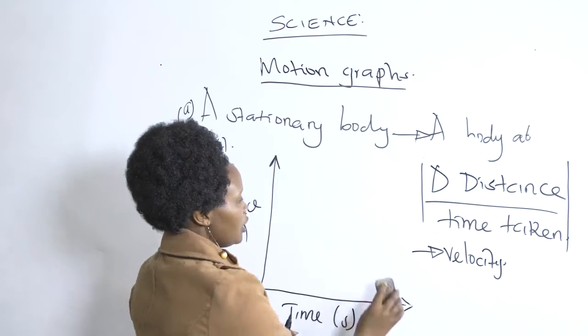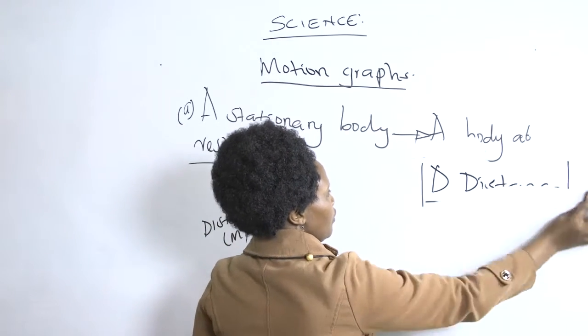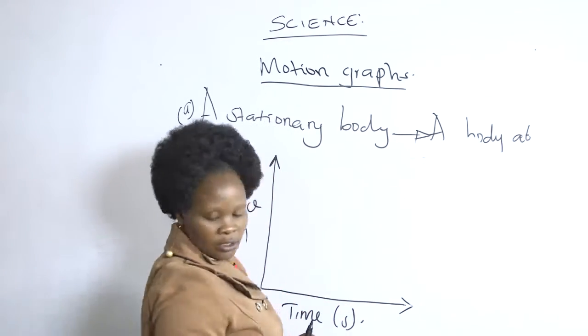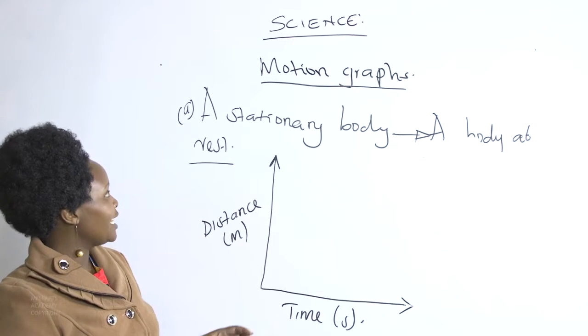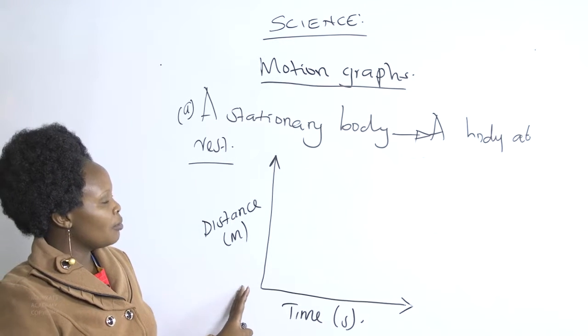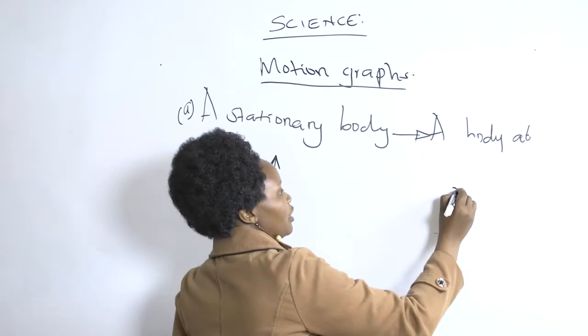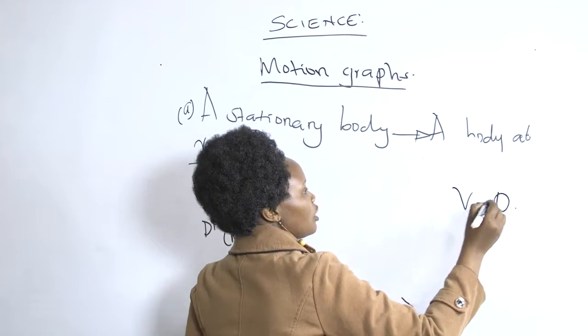In our graph here, we want to show a body at rest, and when a body is at rest, v is equal to 0.